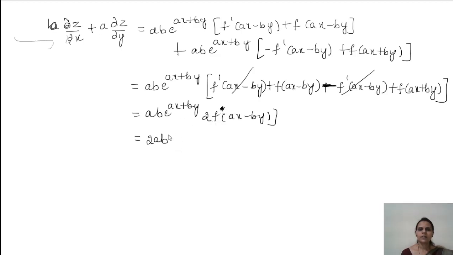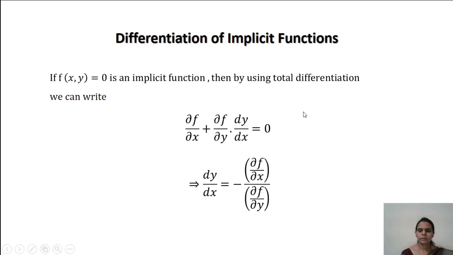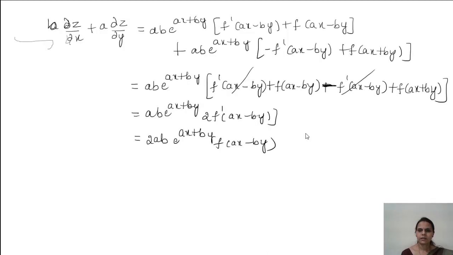So this is 2 times ab into z. Here we have e power ax plus by into f of ax minus by, which is z.